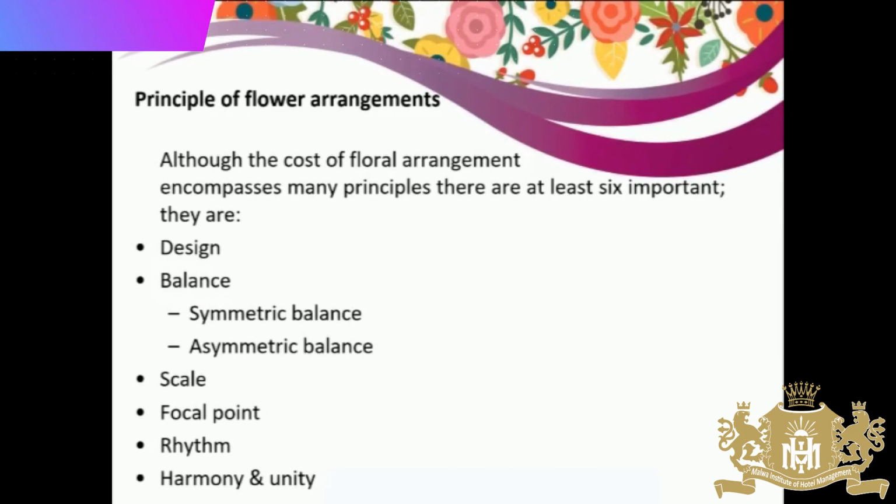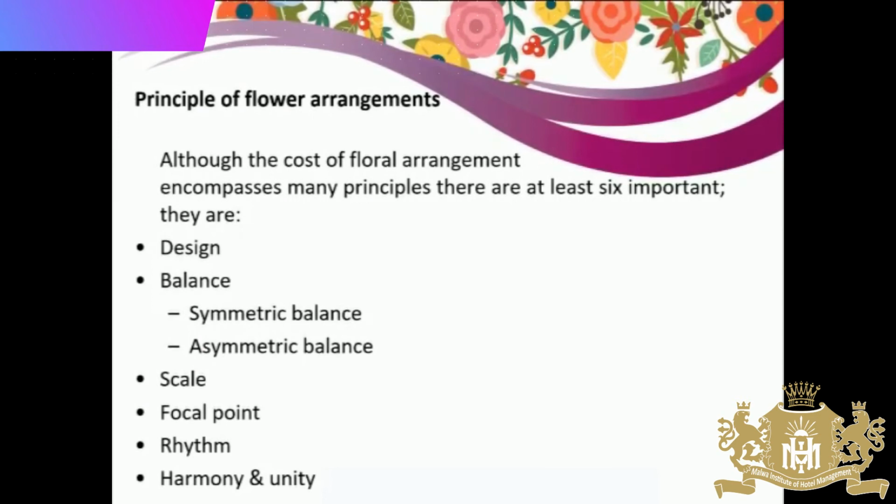Then, if you talk about the balance, it emphasizes the use of material in the flower arrangement, which gives stability to the arrangement. Two more important elements of balance are the form and colors of the flower arrangement. We have 2 categories of balance, symmetric and asymmetric. In symmetric balance, the 2 sides of the floral arrangement are the same, with an equal amount of material placed on either side.